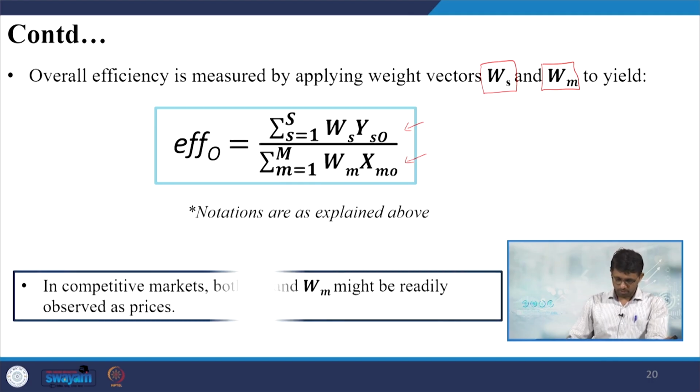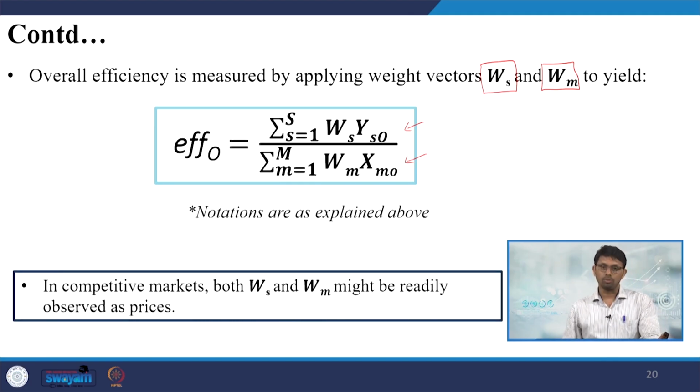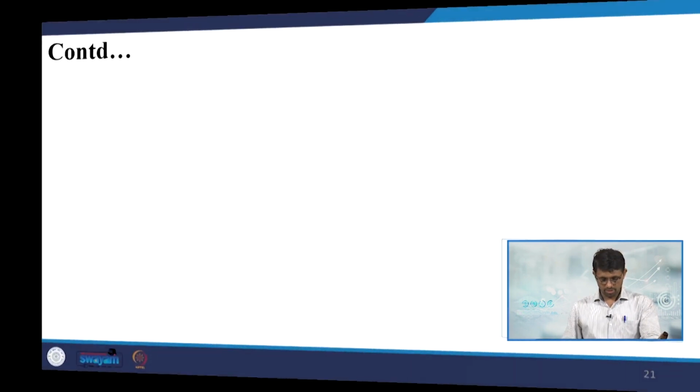Okay, so we have already discussed that in competitive markets both Ws and Wm might be readily observed as prices.